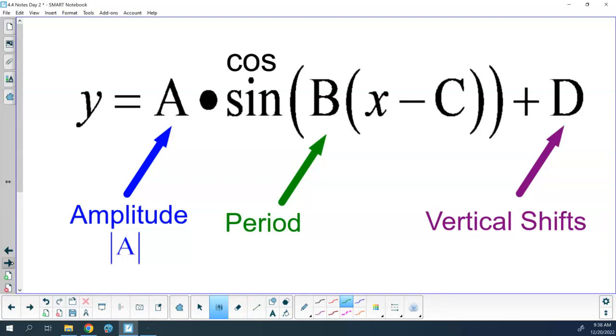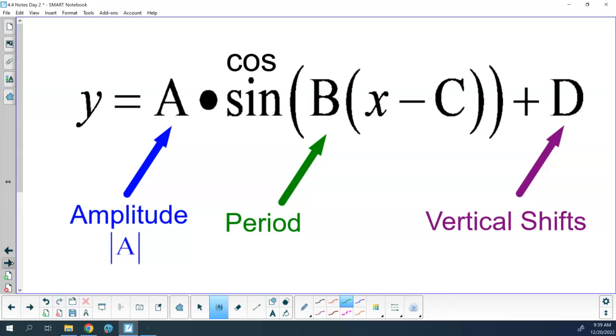Okay? Vertical shifts. So if you've got a number way out here at the end, outside of the set of parentheses, stuff way out here at the end comes last, or it might even come first.